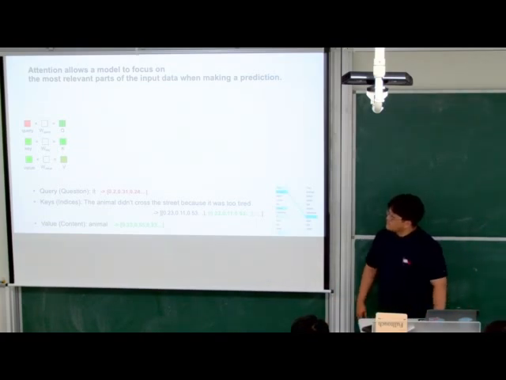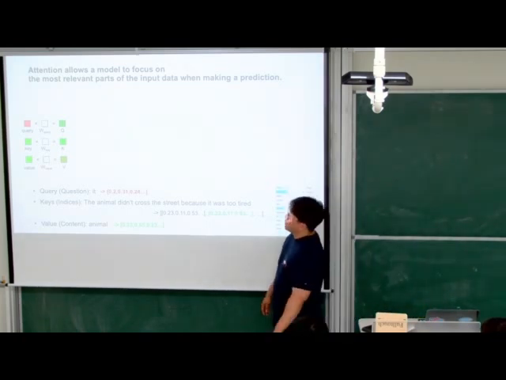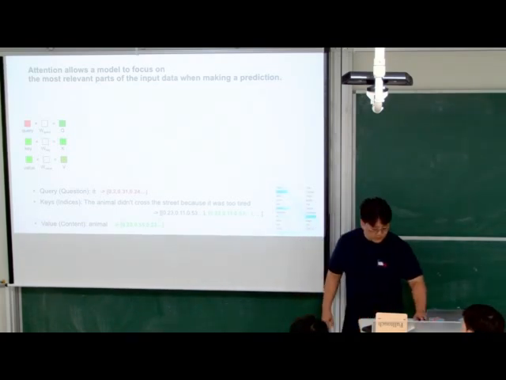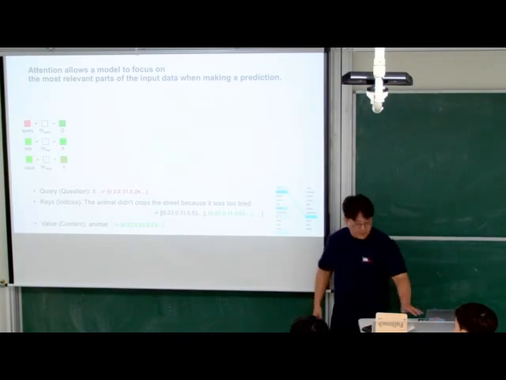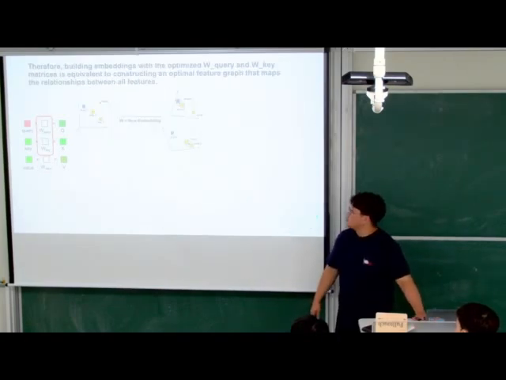밸류라는 건 최종적인 아웃풋이에요. V가 최종적으로 코릴레이션을 보고 업데이트를 해서 새로운 임베딩을 만드는 거죠. 재창조하는 거죠.